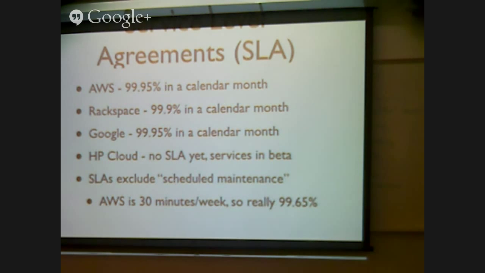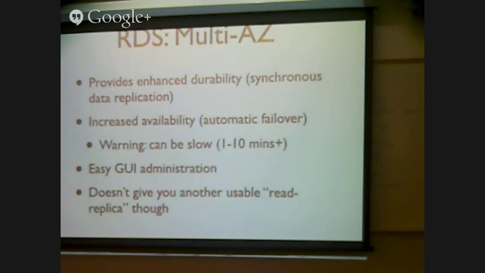And there are various SLAs available out there. Then also you have to think about multiple availability zones. And most of the focus is obviously RDS because RDS is so far ahead compared to the competition. And with RDS, you can have enhanced durability. You also have definitely got increased availability, but I'm sure you realize that automatic failover tends to be slow.